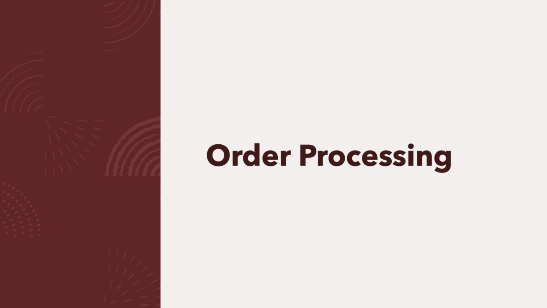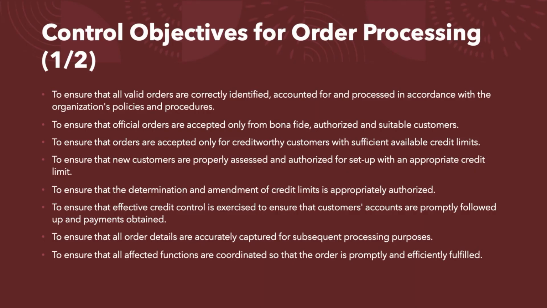So what are the control objectives for the order processing? So first is to ensure that all valid orders are correctly identified, accounted for, and processed in accordance with the organization's policies and procedures. So ibig nating sabihin dito, dapat yung mga orders lang within the credit limits of the customer should only be processed.